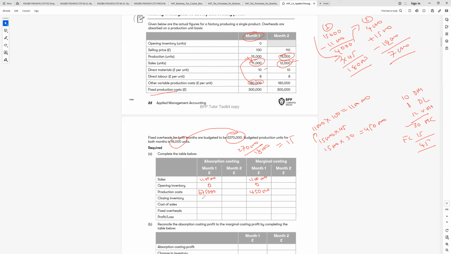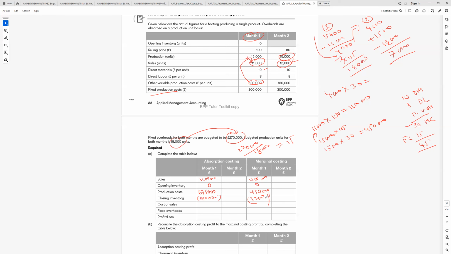So closing inventory is always minus, remember that, 180,000. And under the marginal, we multiply 4,000 by 30. That will give us 120,000, and that will give us our cost of sales.